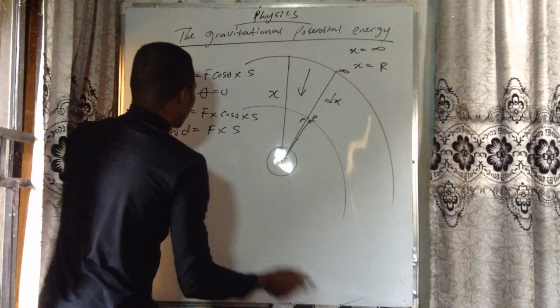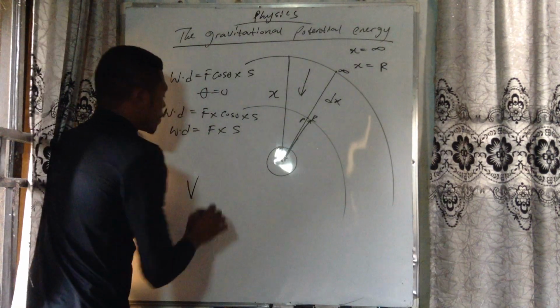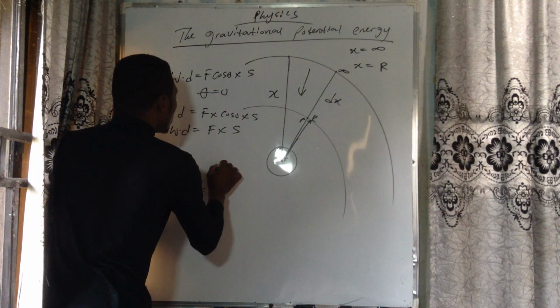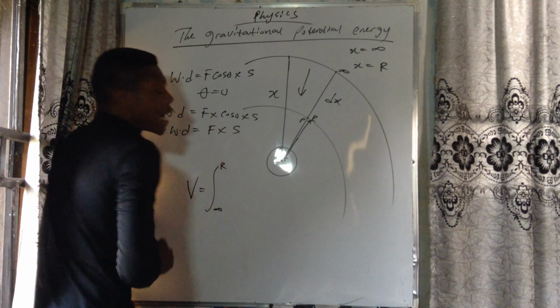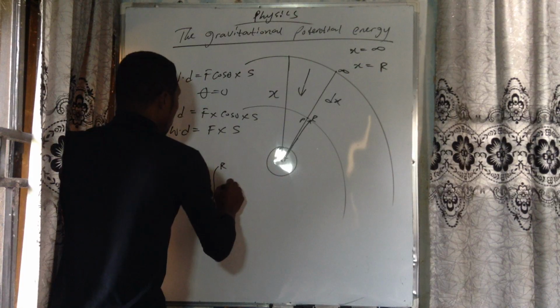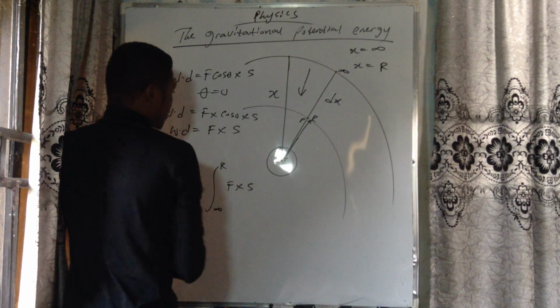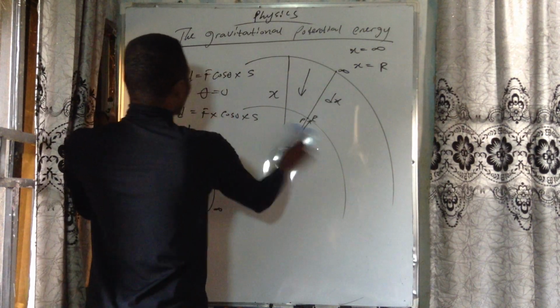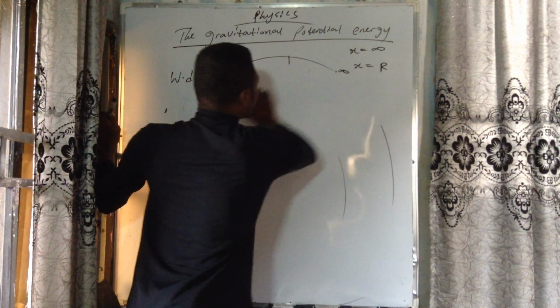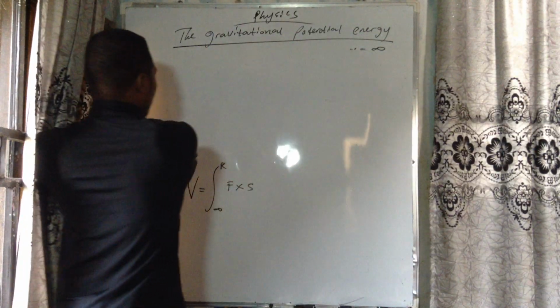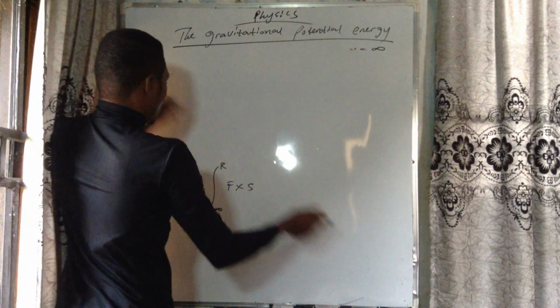So we say that the gravitational potential energy V is equal to the definite integral from infinity to the point r of the work done, which is force times distance.